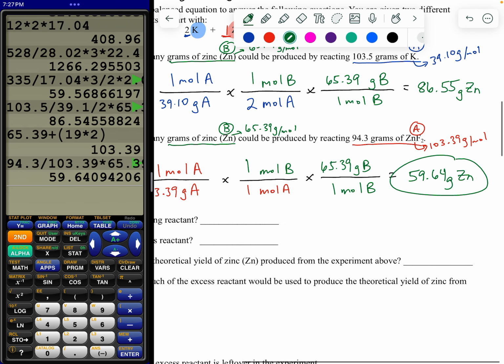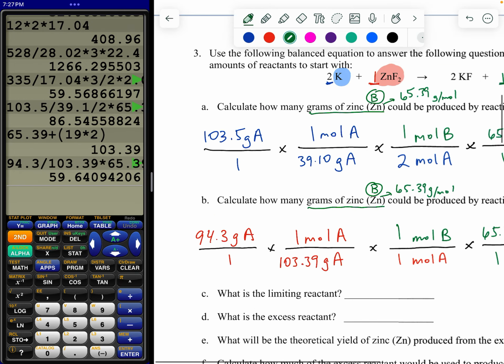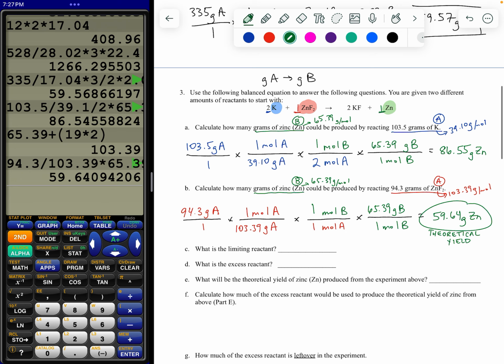And so what this tells us is that this is our theoretical yield, right? This is how much zinc product, in theory, we should be able to make if we mix these amounts of our reactants together. So I don't have to worry about that 86.55. We're not going to be able to even get to that point.